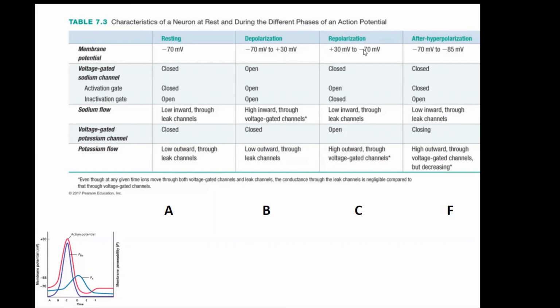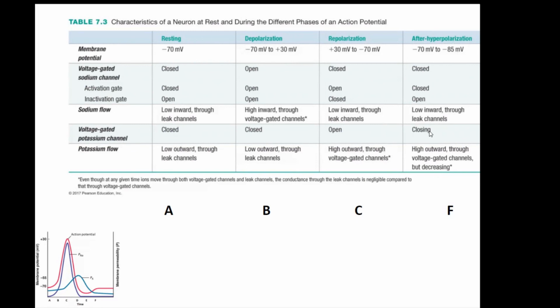And we have the repolarization happening as the inactivation gate for sodium closes and the voltage-gated potassium channel opens, which means we're stopping the flow of sodium in, and we're increasing the flow of potassium out. This after hyperpolarization is just the effect of the fact that these voltage-gated potassium channels take a little while to close. So you can see here, it doesn't really say open or closed.